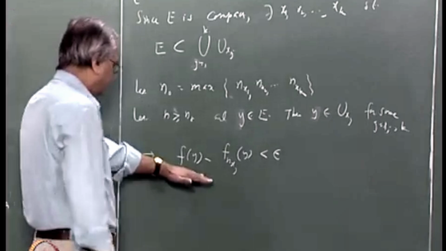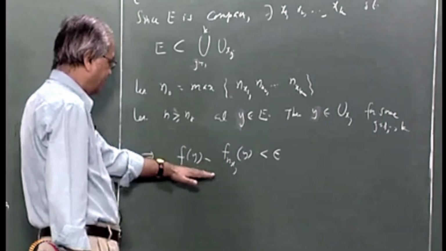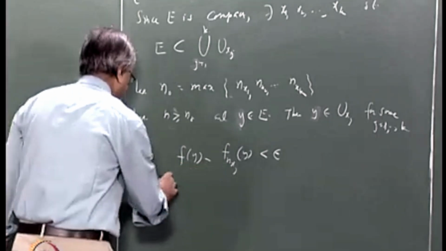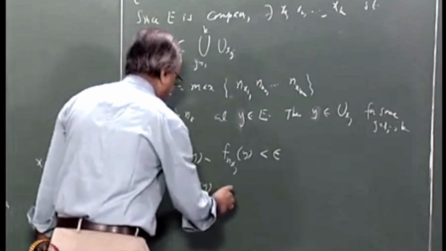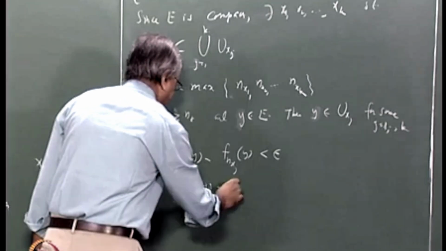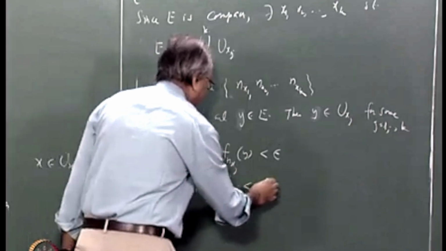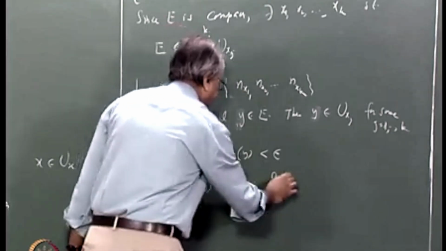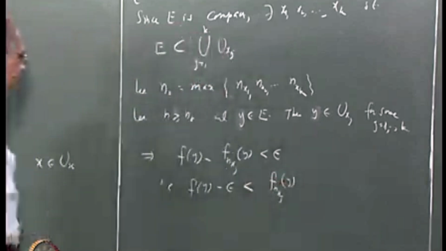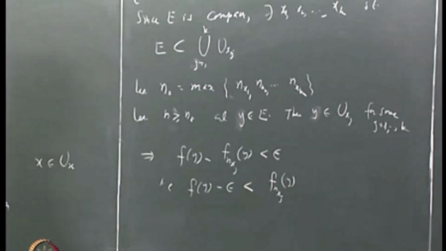Let us rewrite this. This is the same as saying f(y) minus epsilon is less than f_{n_{xj}}(y).